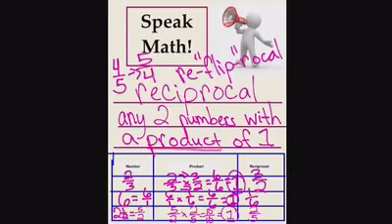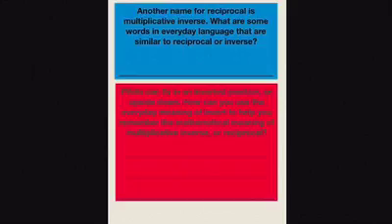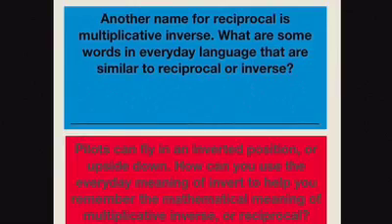Okay, now that we know what reciprocals are, let's practice a little bit more. Another name for a reciprocal is multiplicative inverse. That's a tongue twister. Multiplicative inverse. What are some words in everyday language that are similar to reciprocal or inverse? Any ideas?